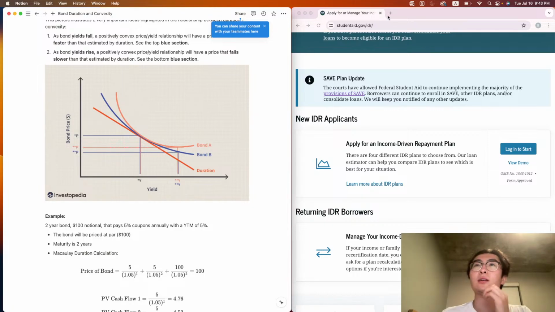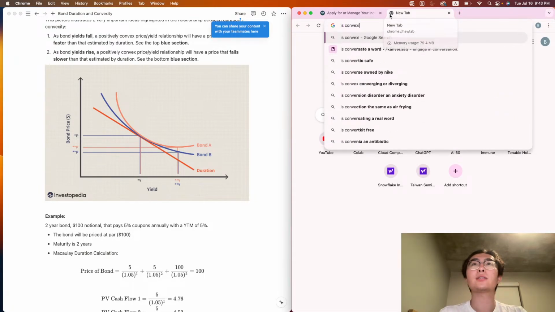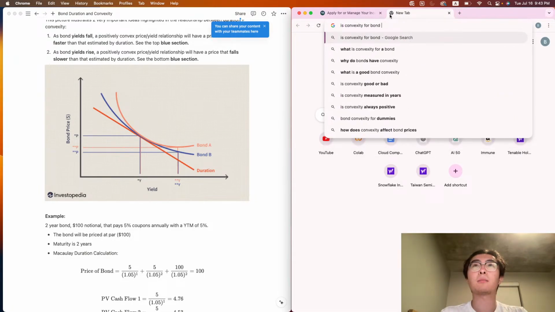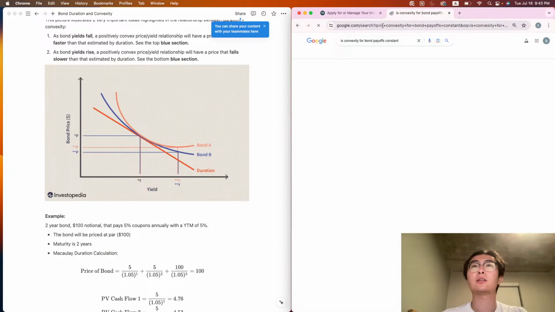I want to see, though, is convexity for bond payoffs constant?